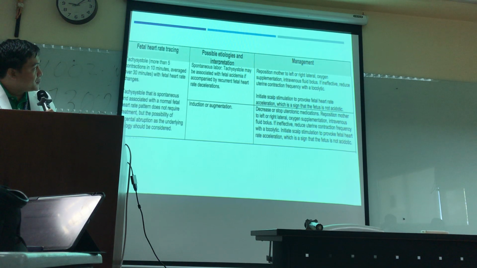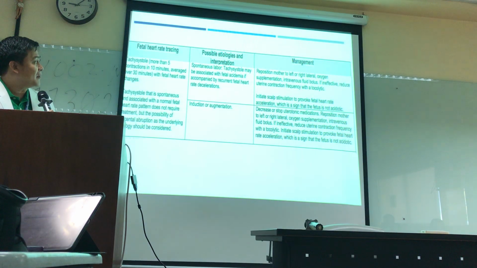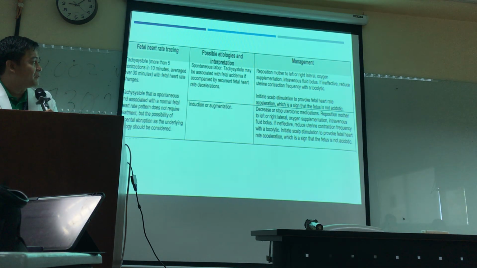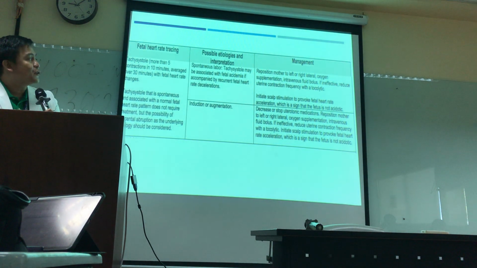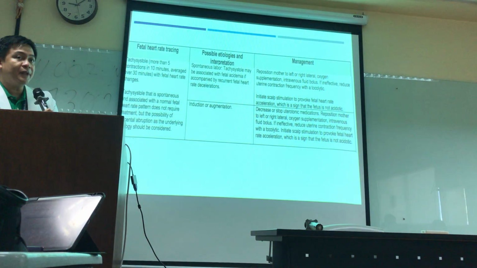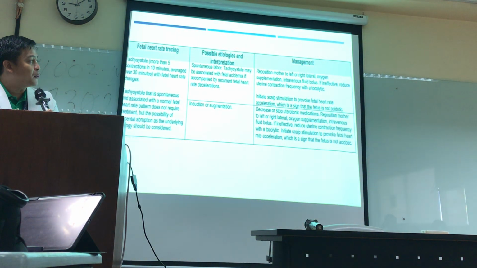Okay, for tachysystole, so pwedeng because of spontaneous labor, di ba? Okay, or tachysystole may be associated with fetal acidemia if accompanied by your recurrent fetal heart rate decelerations. So management again is repositioning of the mother, oxygen supplementation, IV fluid bolus.